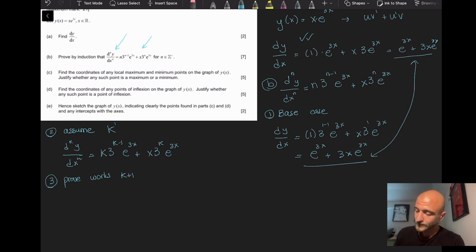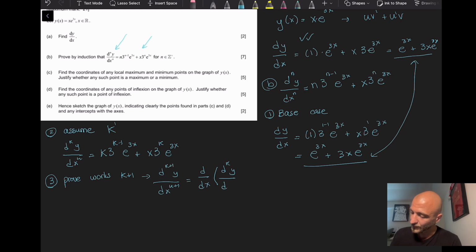To show that it works for the d^(k+1) y/dx^(k+1), so the next term after the one we assumed is true, in this particular problem, and usually when they ask you to do proof by induction with calculus, especially derivatives, the main trick we need is to rewrite this as the derivative of the k case.